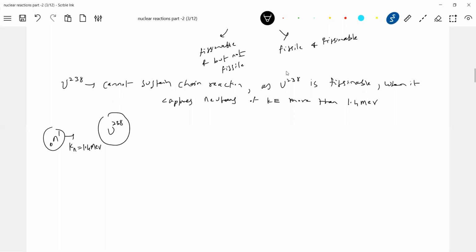Some books say 1.2, some say 1.8. On average, I'm taking more than 1.4. Fissionable, I'm putting that. Okay, somehow we'll see that 1.4 mega electron volt is available. Then again, when uranium-238 undergoes fission, the neutrons it generates will have kinetic energy of less than 1 mega electron volt.